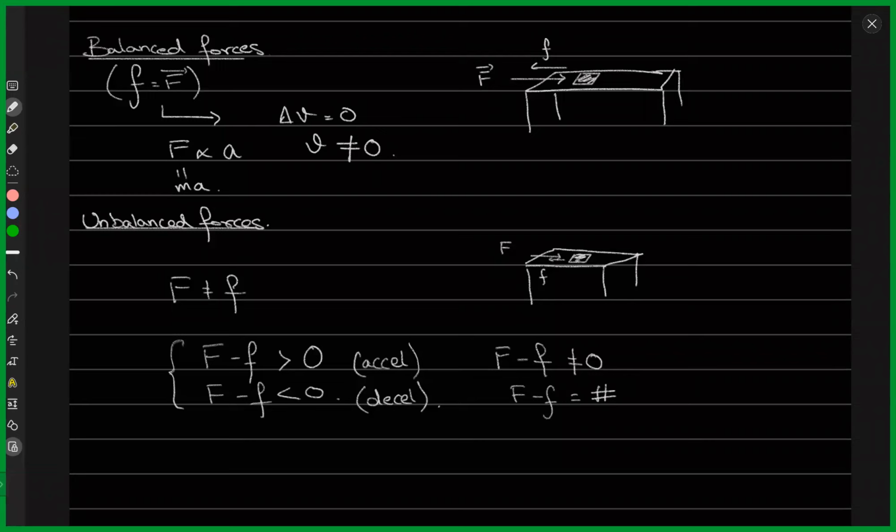But if the frictional force, which is the force that is opposing and wants to stop this motion, becomes greater than capital F, then the object starts slowing down, and hence that means deceleration. Is that clear, Purva? Yes.